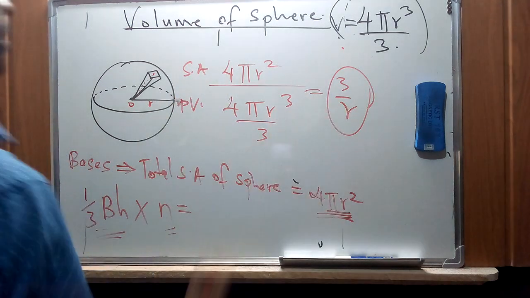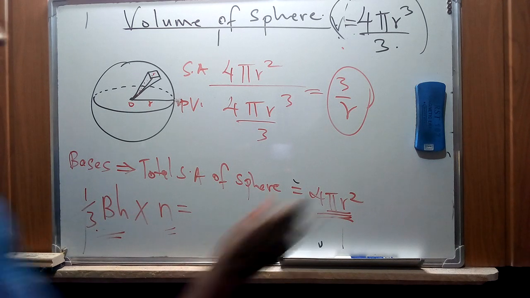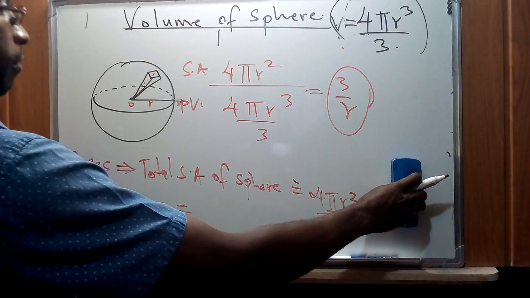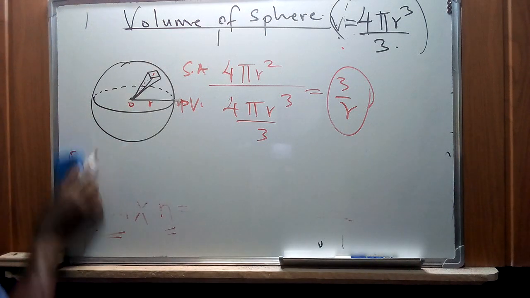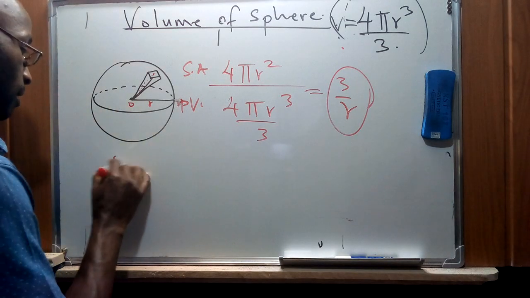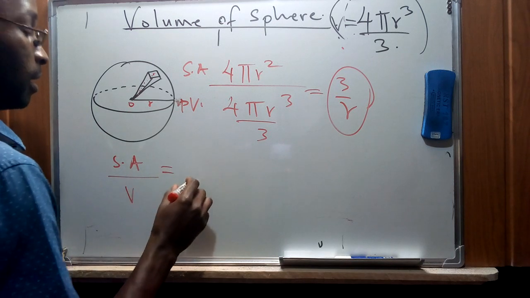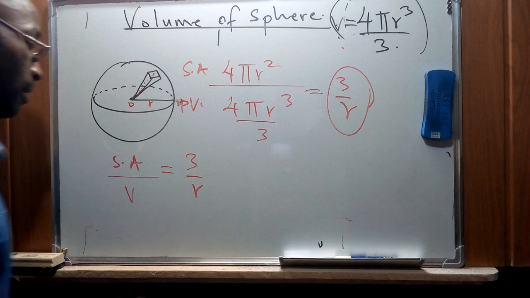So this particular relationship is the one that we are going to exploit in trying to figure out how we can represent the formula of the volume of a sphere. If you look at the relationship on the board, I've said the surface area over the volume is equal to 3 over radius.